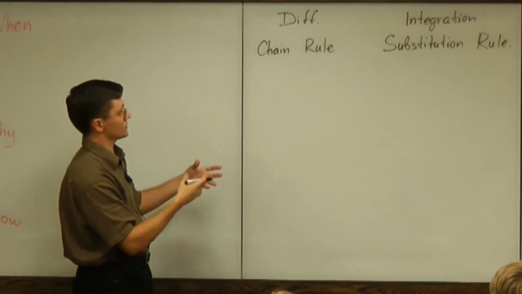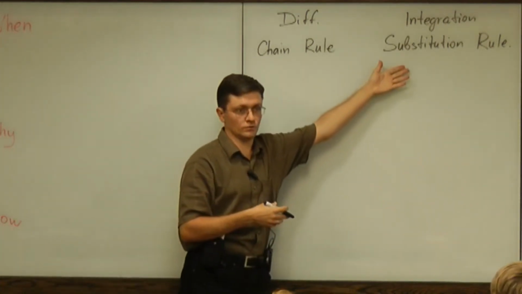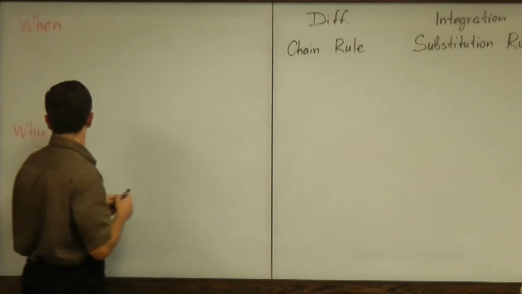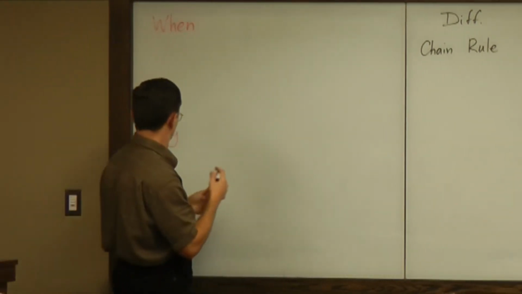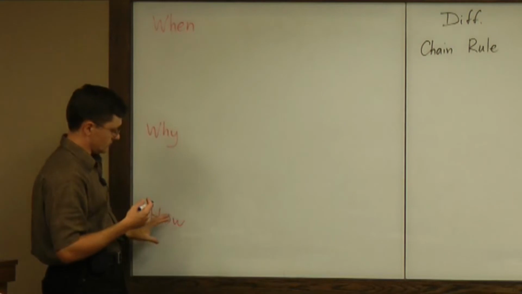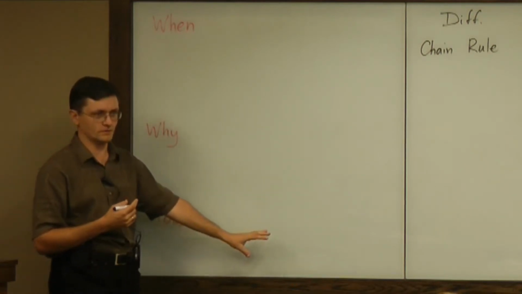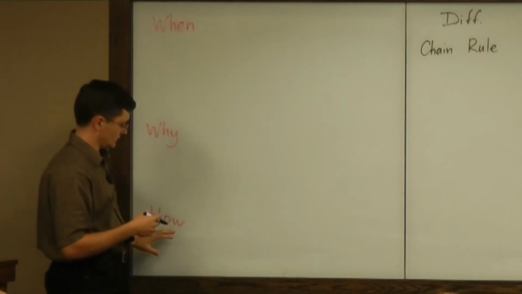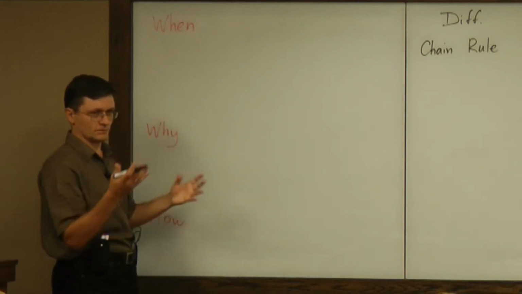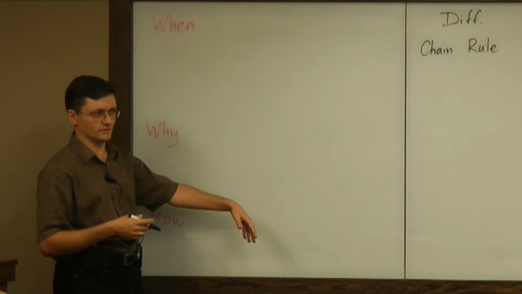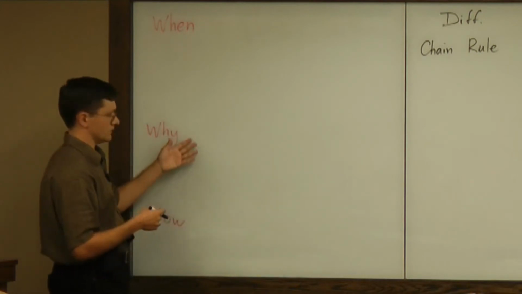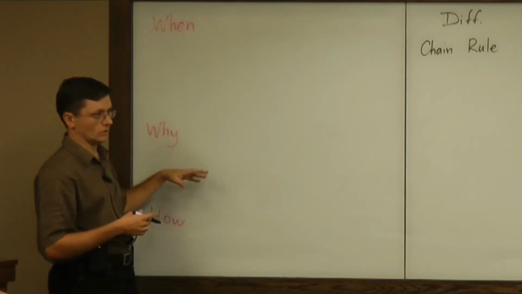If you see a composition, how would you differentiate or how would you integrate? I described previously how to use it. Usually they begin describing the tool by how to use it and give you some examples, and then talk more about when and why.